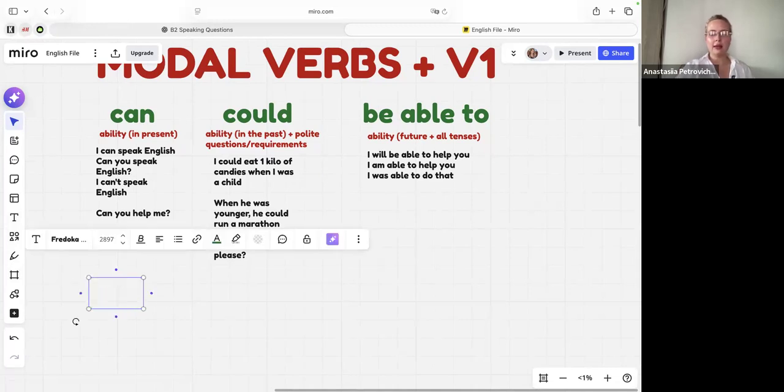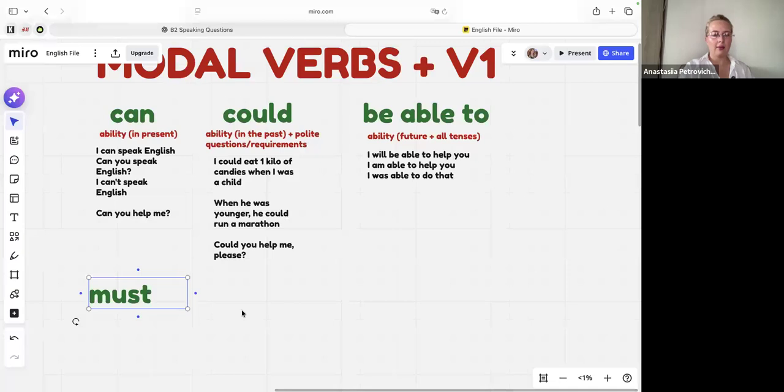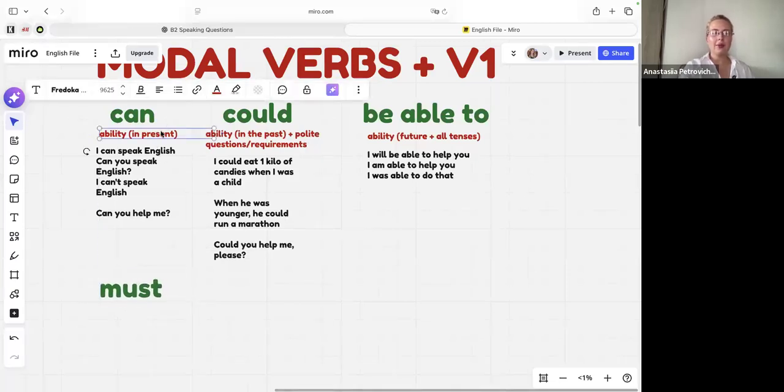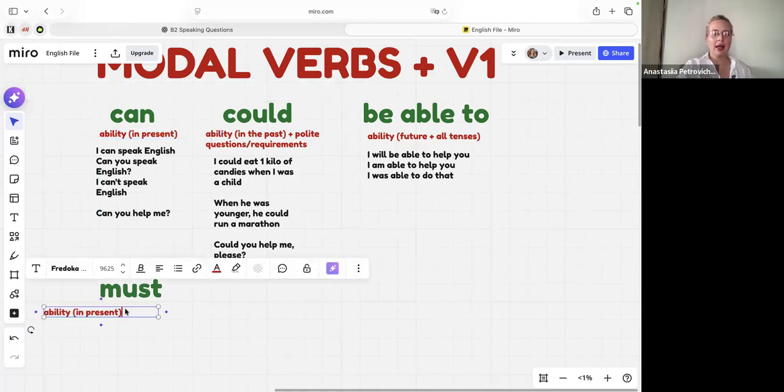So the next one, let it be must. So I'm gonna do it like that. So when we speak about must, it explains, yes, or it means obligation.